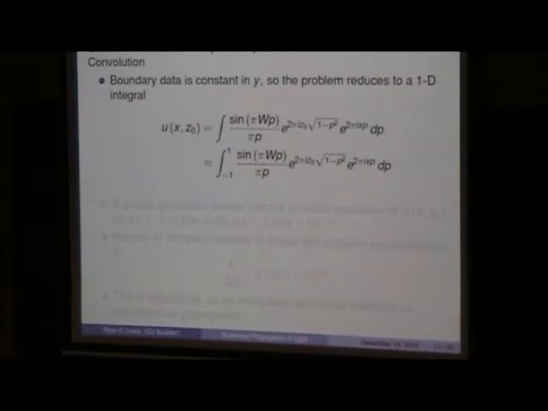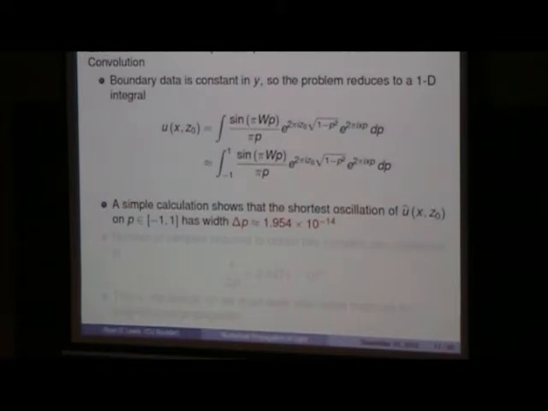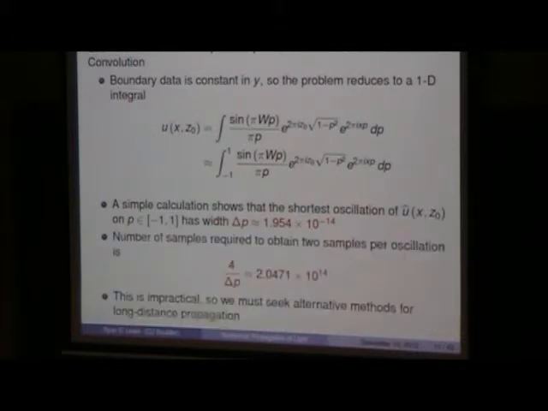Now, a simple calculation shows that the shortest oscillation of u hat, of that integrand, has a width of about 2 times 10 to the -14th. So Nyquist tells us that we would need at least 2 samples per oscillation. That works out to needing 2 times 10 to the 14th samples, which is obviously very impractical. Because of that, we need to look for alternative methods of evaluating this integral.